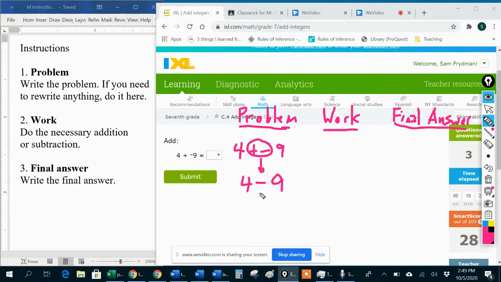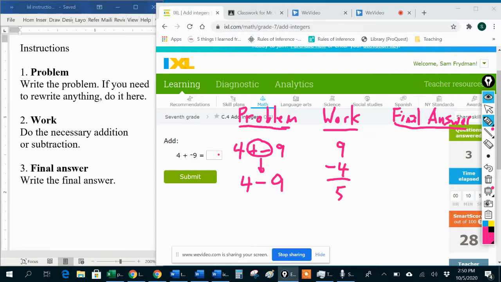So here, I said if the first number is positive, then it's just like what you did in elementary school, except the only exception to that is if you're doing subtraction here and you're taking a bigger number away from a smaller number, then the work that you'll do is still subtraction. And remember, I always put the bigger number on top, so I'll do 9 minus 4.